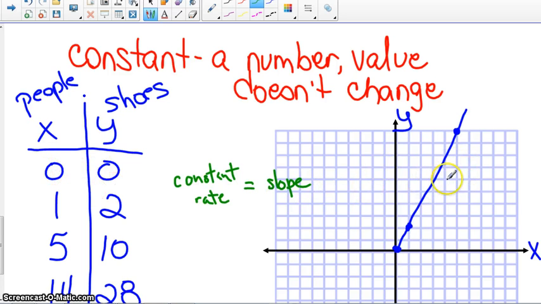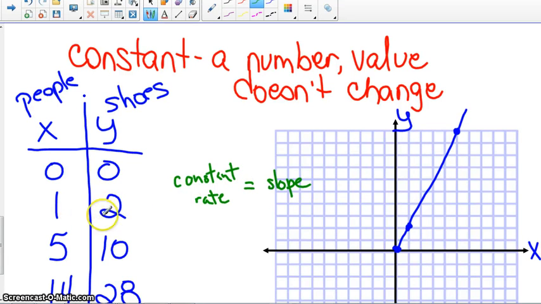We can have a graphical representation by drawing it out, and we can come up with this constant rate. Now, in your head, you know what that rate is. What's that number that you need to have every time when you're multiplying by people to figure out the number of shoes? It's 2.